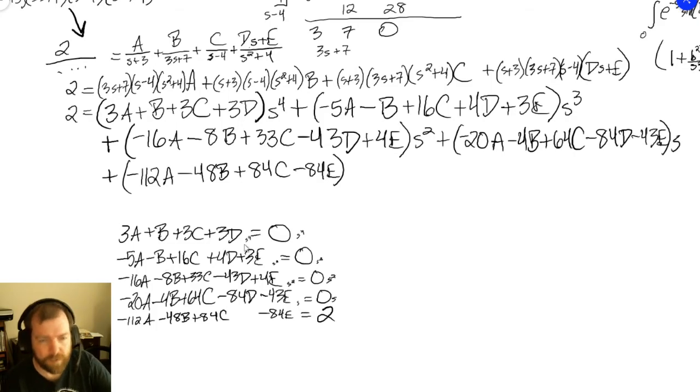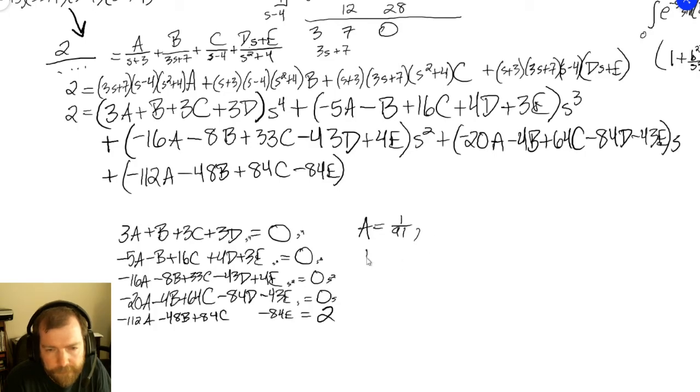All right. A equals 1 over 91. B equals negative 81 over 1615.